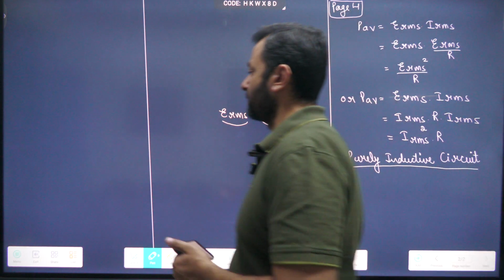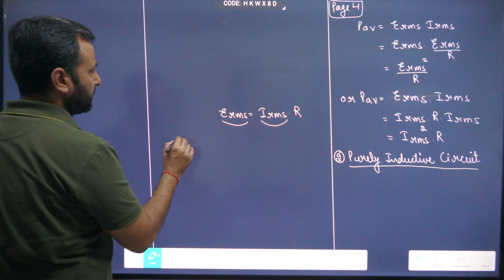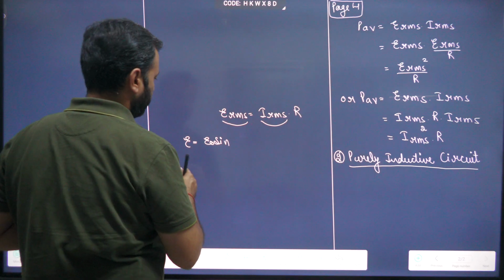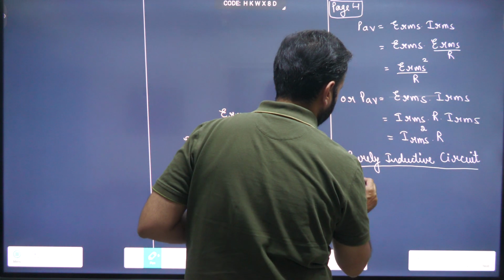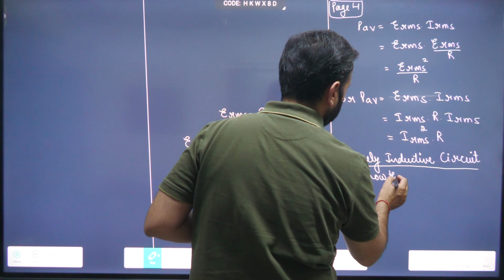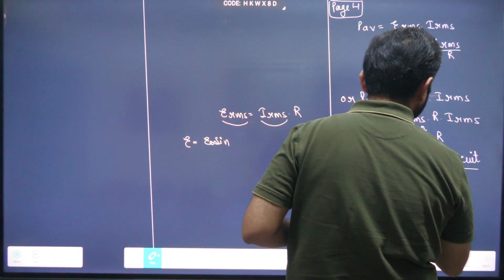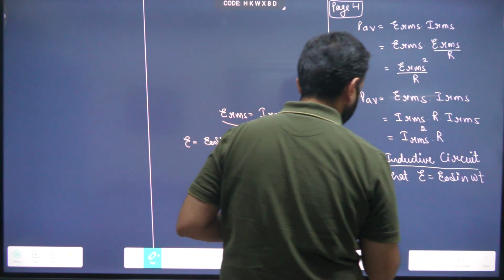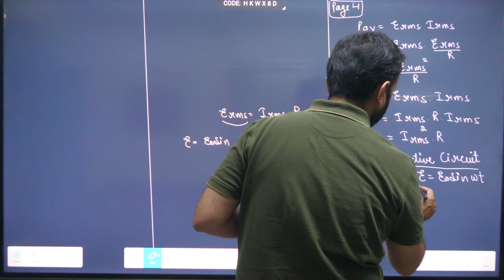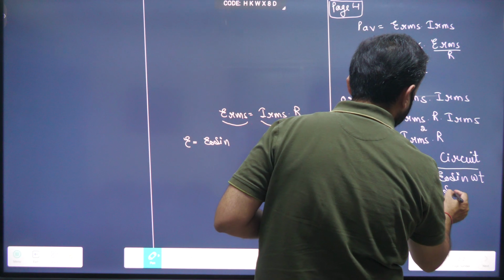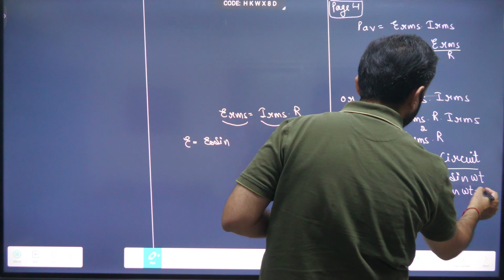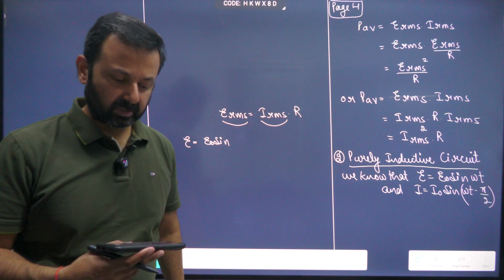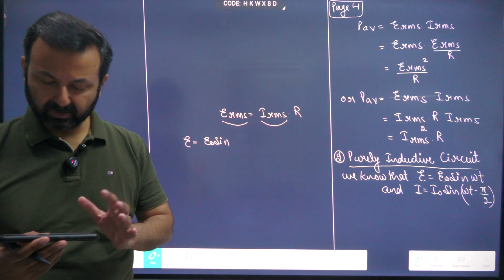In case of a purely inductive circuit, we know that E is equal to E naught sine omega t, and I is equal to I naught sine omega t minus pi by 2.